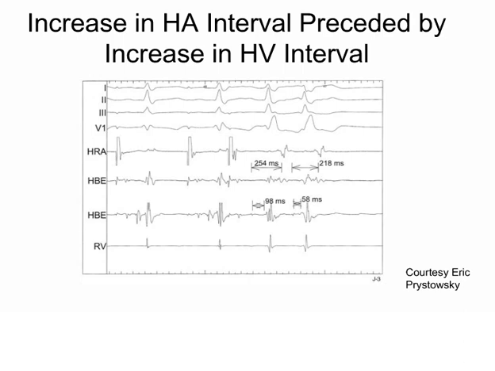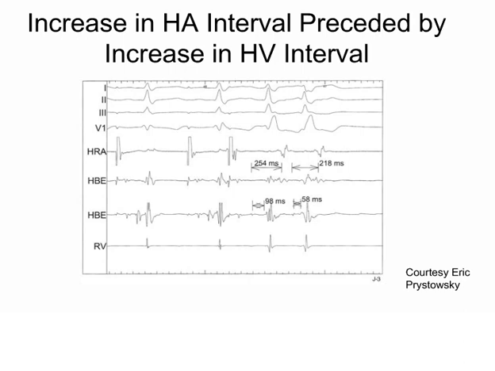And the one other thing that you will occasionally see, and Eric Brostowski gave me an example of this, is where the HV time changes and the HA time goes with it. In AV node reentry this doesn't happen, because the HV time is completely irrelevant to the circuit.